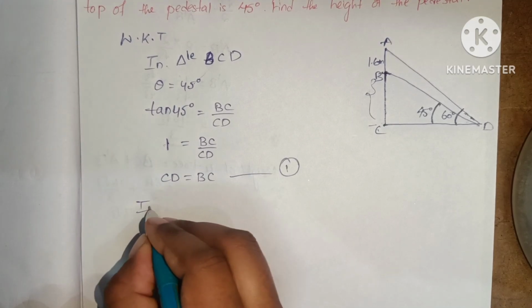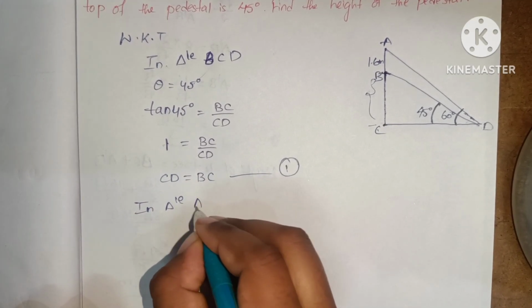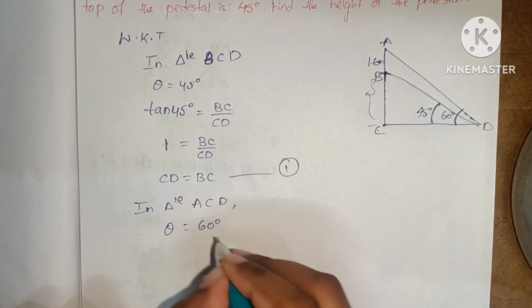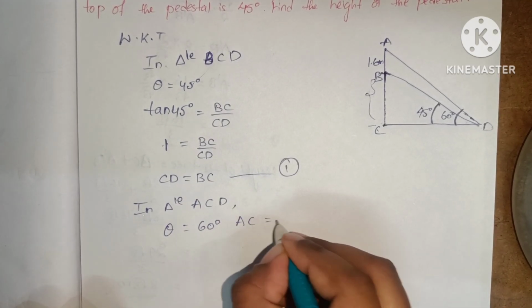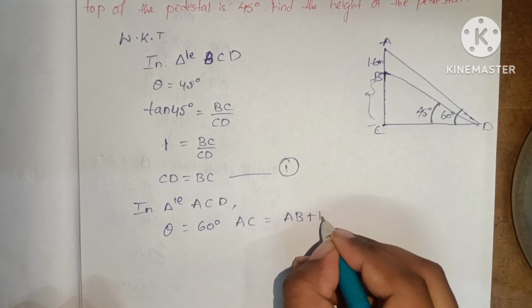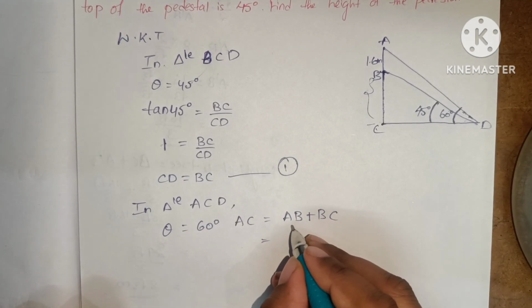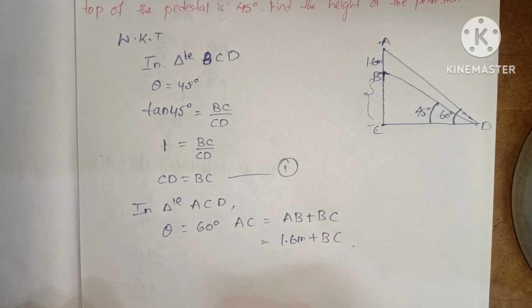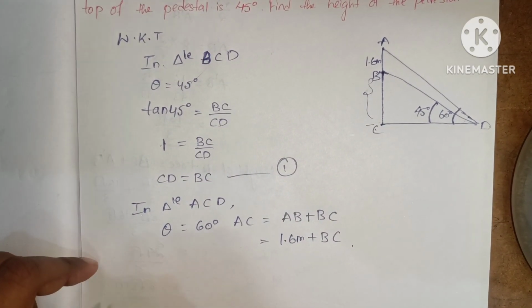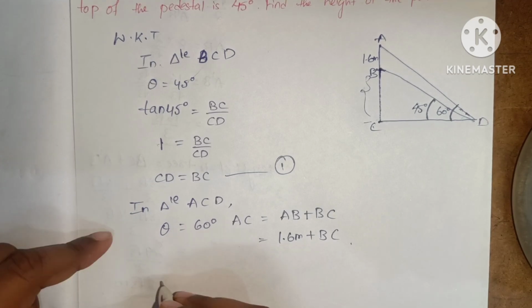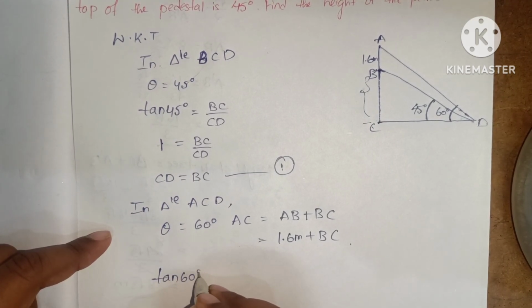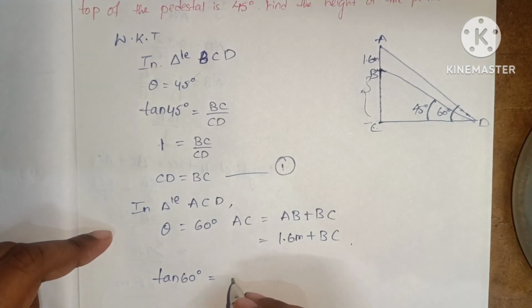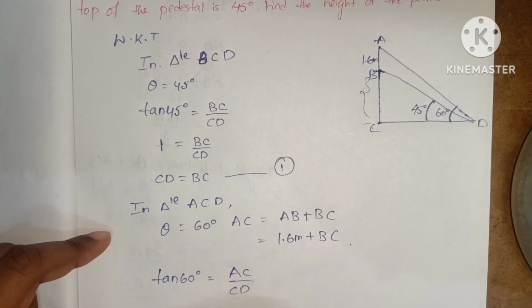Next, in triangle ACD, theta is 60 degree. So AC equal to AB plus BC, so AB is 1.6 meter plus BC. Take tan 60 degree equal to AC by CD.